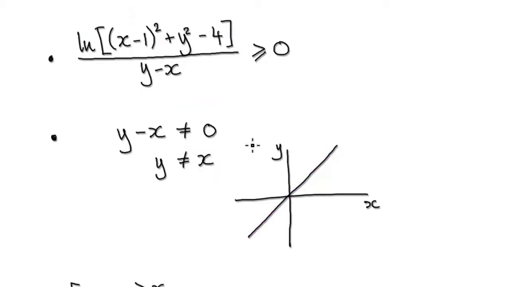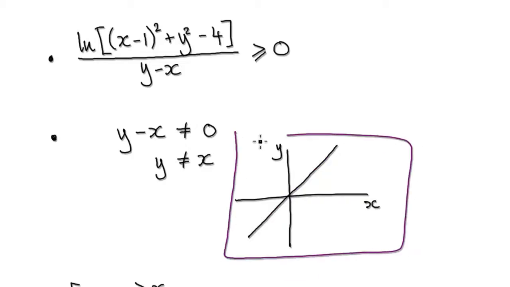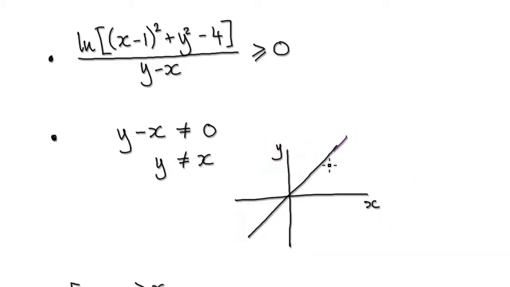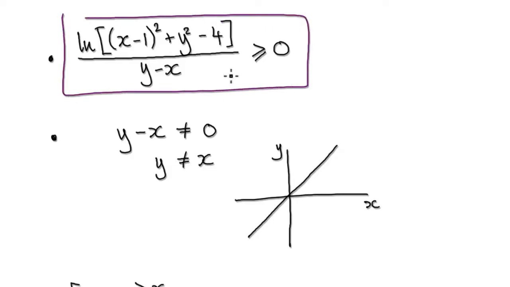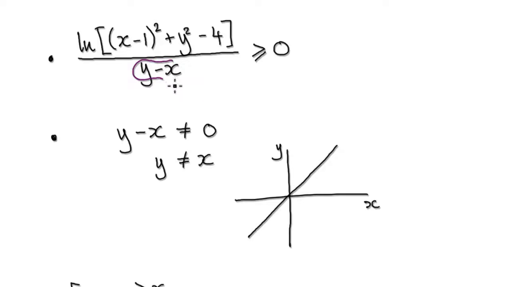So in your mind, draw your domain. You've got your y-axis, x-axis, and a diagonal line. Anything on this line, the whole function will break down. So now looking at this, we ultimately want to times both sides by this bubble here. But when it comes to inequalities, if you times by a negative number, the sign switches over.